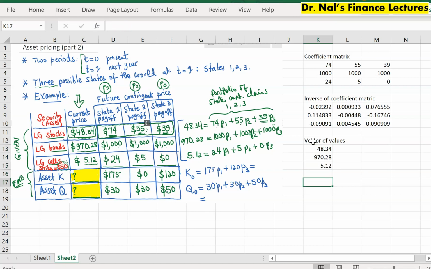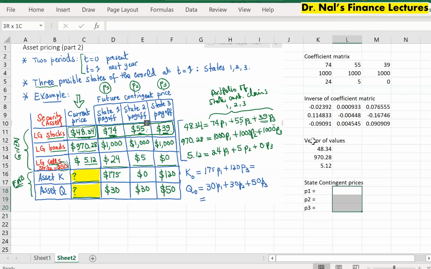All right, now finally, the state contingent prices. We will have P1, the price of the state 1 contingent claim today, P2, and P3. So that's the goal, to calculate those three prices.